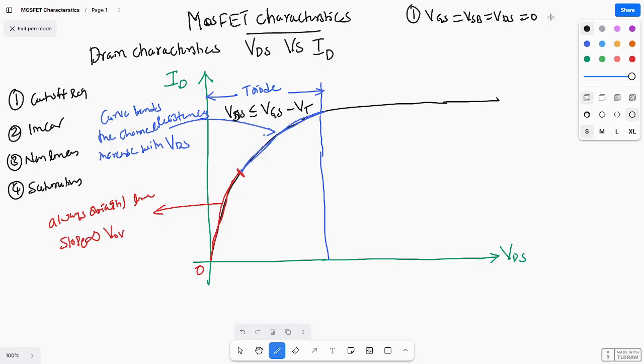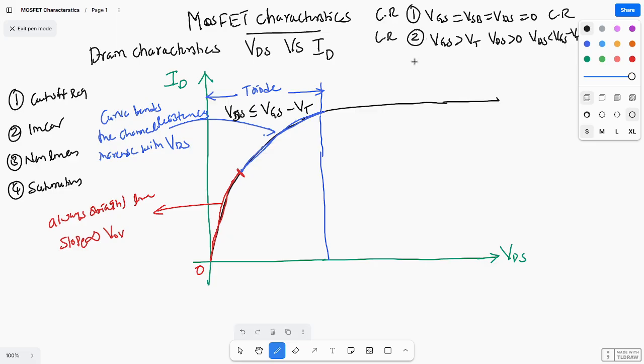Next, the linear region. These conditions you need to remember. VGS should be greater than VT, and VDS you give a smaller value, with VDS less than VGS minus VT.